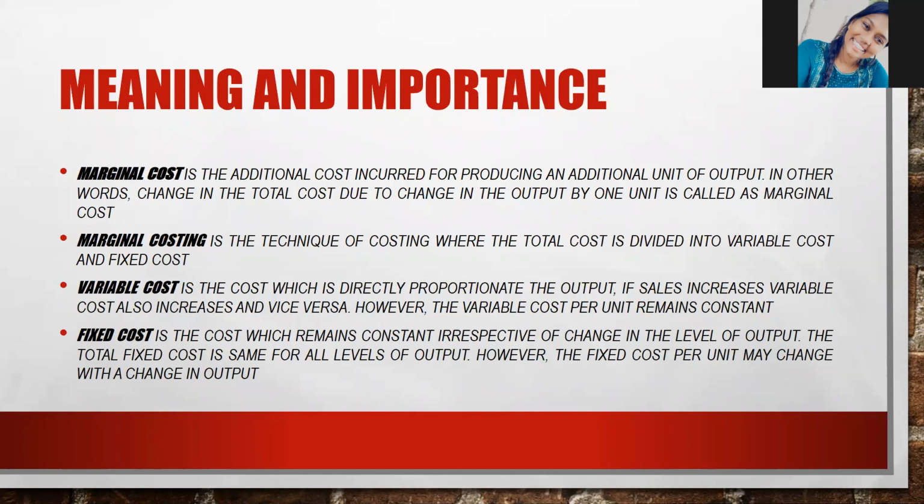Total, sir. See, if somebody is asking me what is your factory rent, I will not say per unit 10 rupees, or per unit 1 rupee, or per unit 12 rupees. I will not say that. When I say fixed cost, I say rent is 10,000 per month. That's it. I will talk in total. It has no relationship with my output.